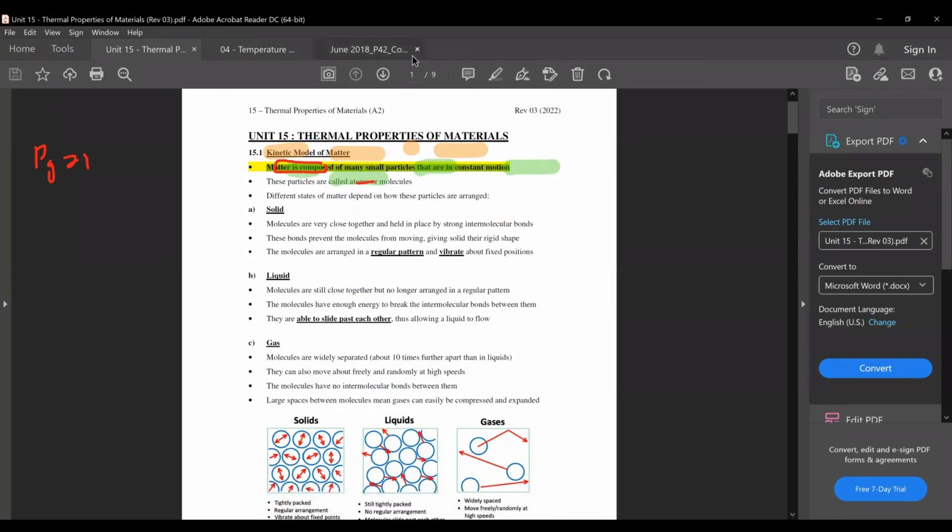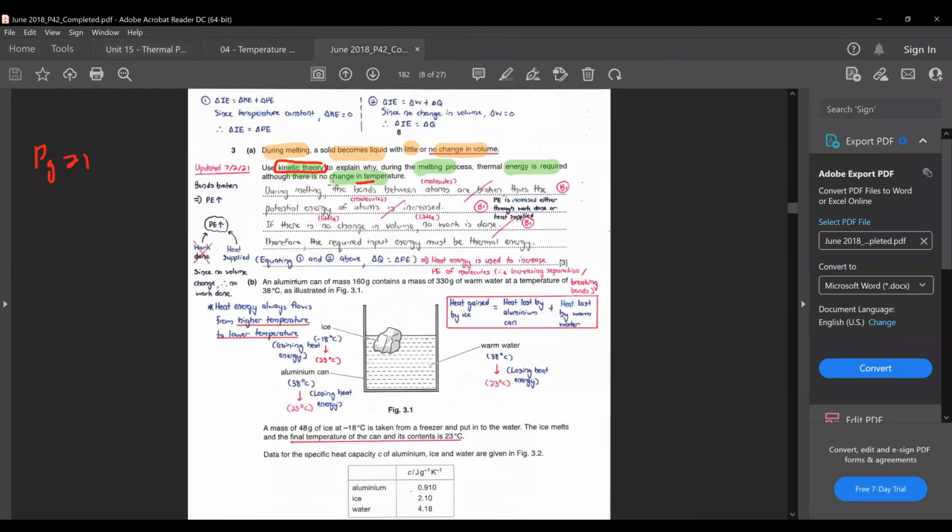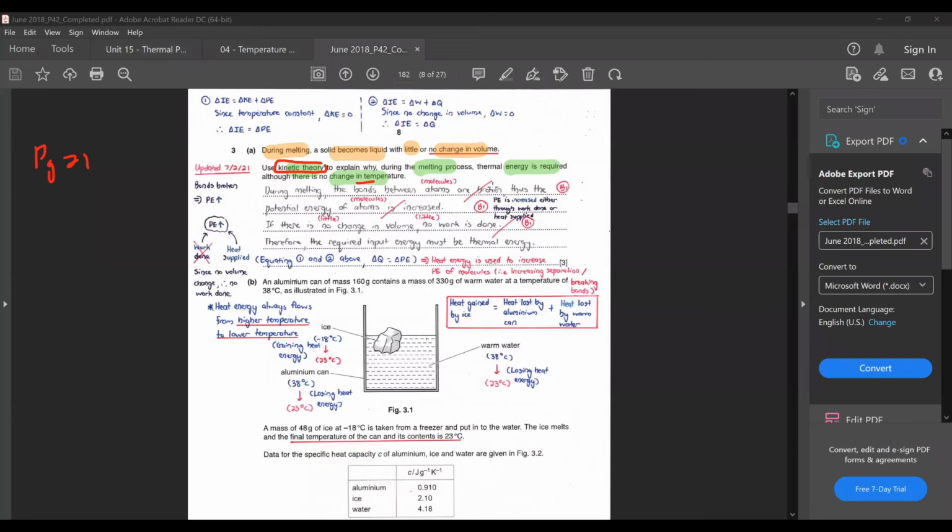So they're asking you to explain based on the molecules. By looking at how the molecules behave, explain why when you're melting ice, for example, you need thermal energy, but there's no change in temperature in the first place.